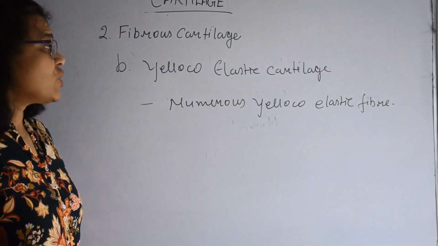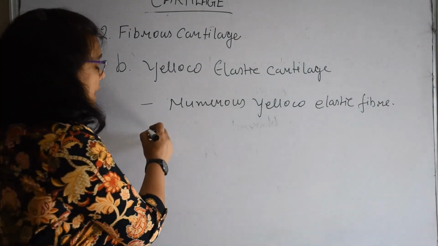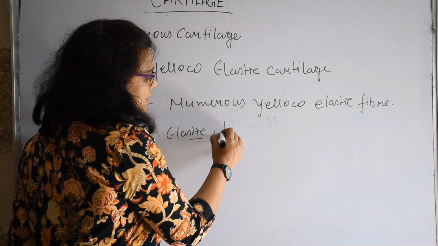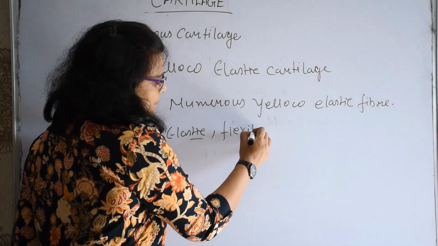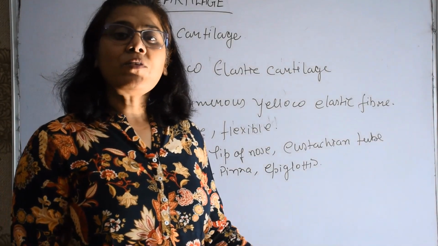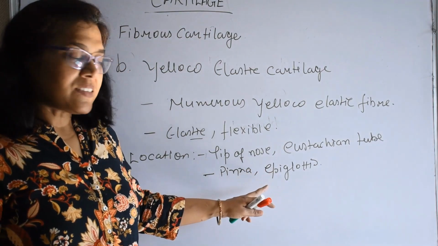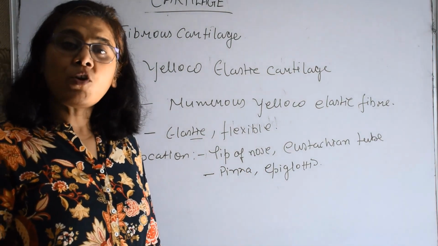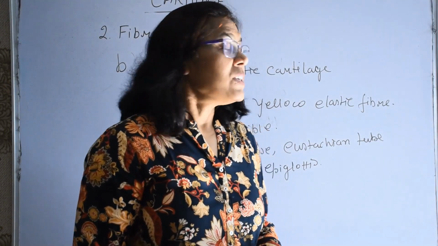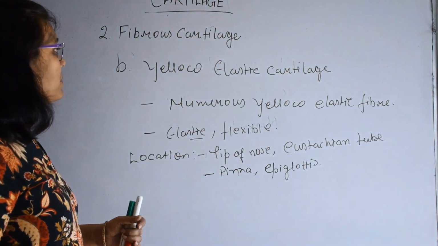So what will be the nature of the cartilage? It will be elastic and flexible. Location: it is found in the tip of nose, eustachian tube, pinna, epiglottis and external auditory canal of ear. So this is about the fibrous cartilage.